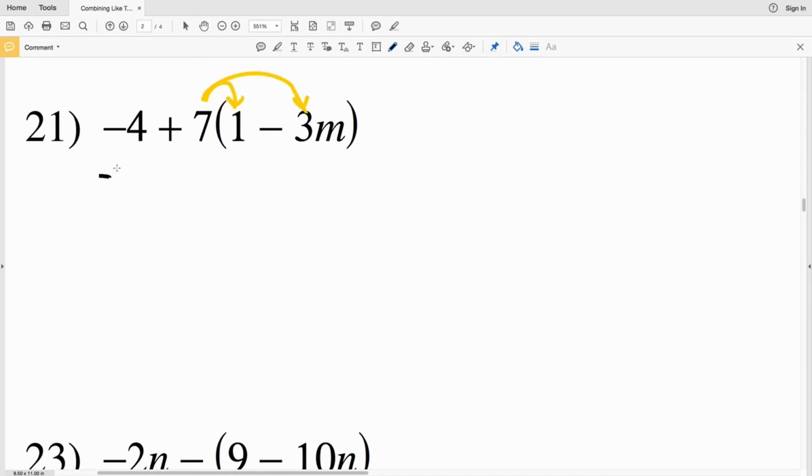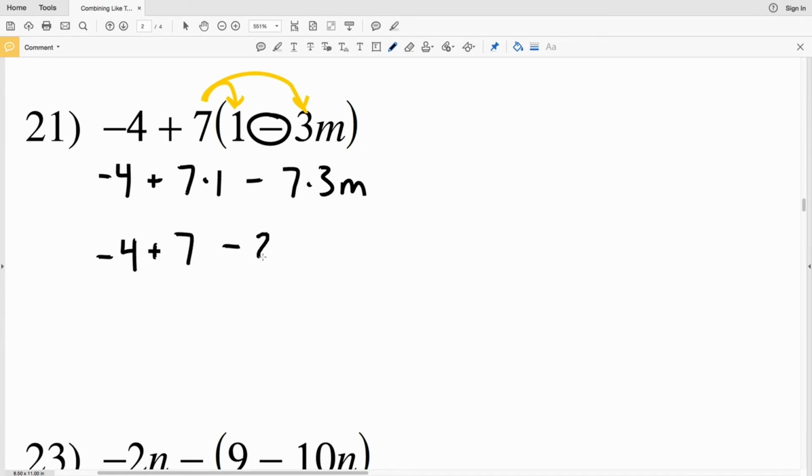So this is going to be negative 4 plus 7 times 1 minus, leaving the operation the same between the two terms, 7 times 3m. That's going to be negative 4 plus a positive 7 minus 21m.